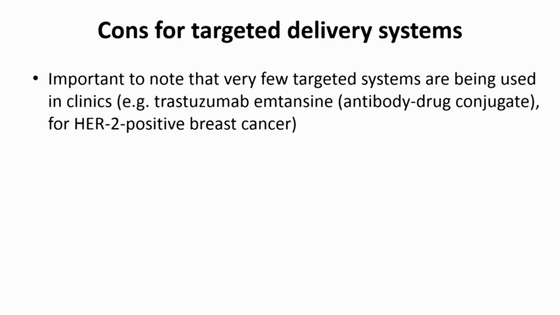However, there are some cons of targeted delivery systems, and some of them are, first of all, that it is important to note that very few targeted delivery systems are actually being used in clinic. Just an example of a targeted delivery system used, and again there are several of them, is this particular antibody drug conjugate which is used for breast cancer, but there are not many.